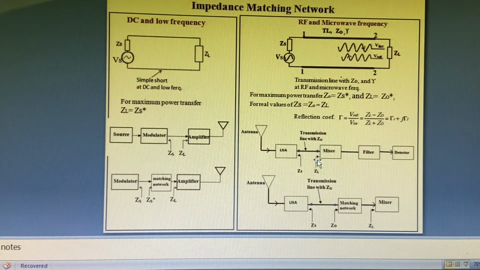In such a case, we have to insert a matching network between the mixer circuit and the transmission line as shown in this figure. Next to the mixer circuit there is a matching network. Its input impedance is designed such that it should be the complex conjugate of Z0, or if Z0 is real, then the input must be matched with the Z0 of the transmission line. So we have to insert a matching network.